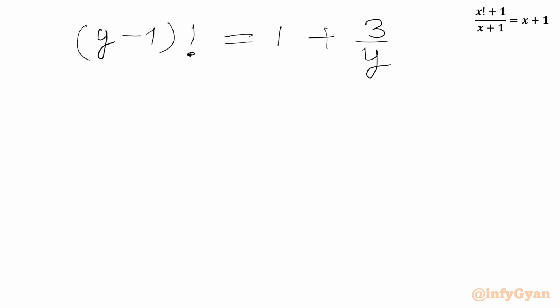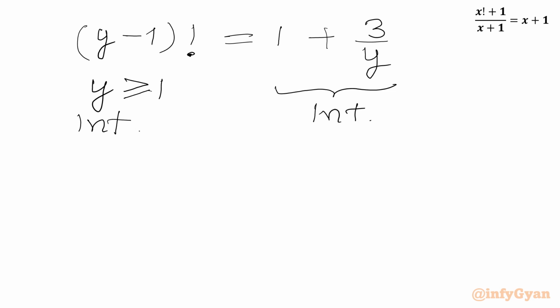Now factorial cannot be negative, so I can write here y is greater than or equal to 1 always. It cannot be less than 1. Second point, the LHS is an integer, so the RHS must be an integer. Now third point, 3 over y, so y is a divisor of 3.